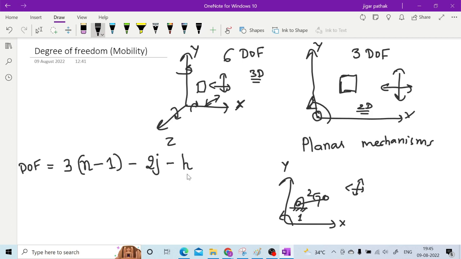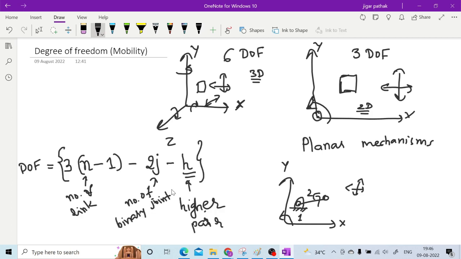So this is how you will have degrees of freedom 3n minus 1 minus 2j minus h, where n is the number of links, j is the number of binary joints. Here you need to be careful, this is the number of binary joints and h is the number of higher pairs. So this is how you can calculate degree of freedom for a particular mechanism.